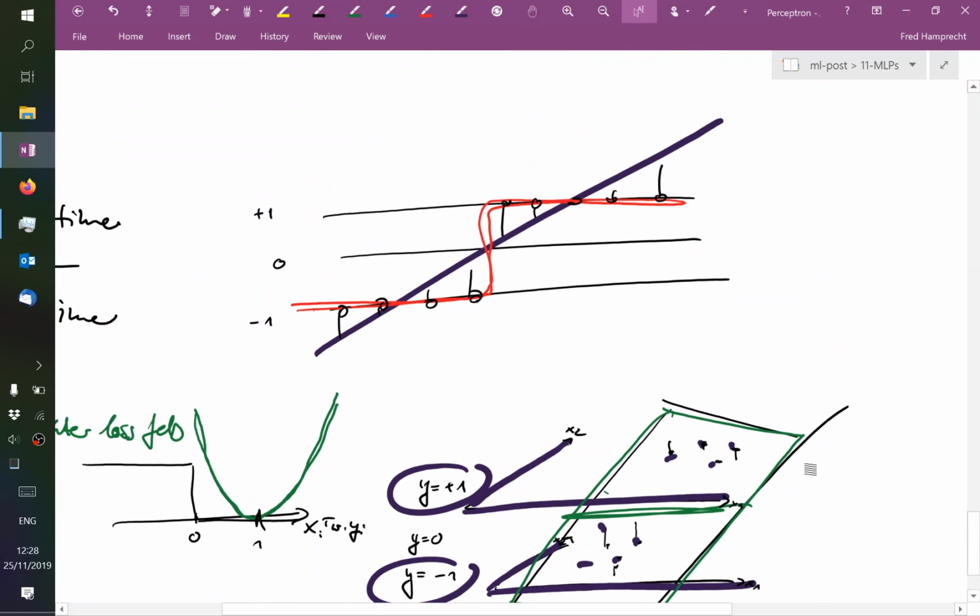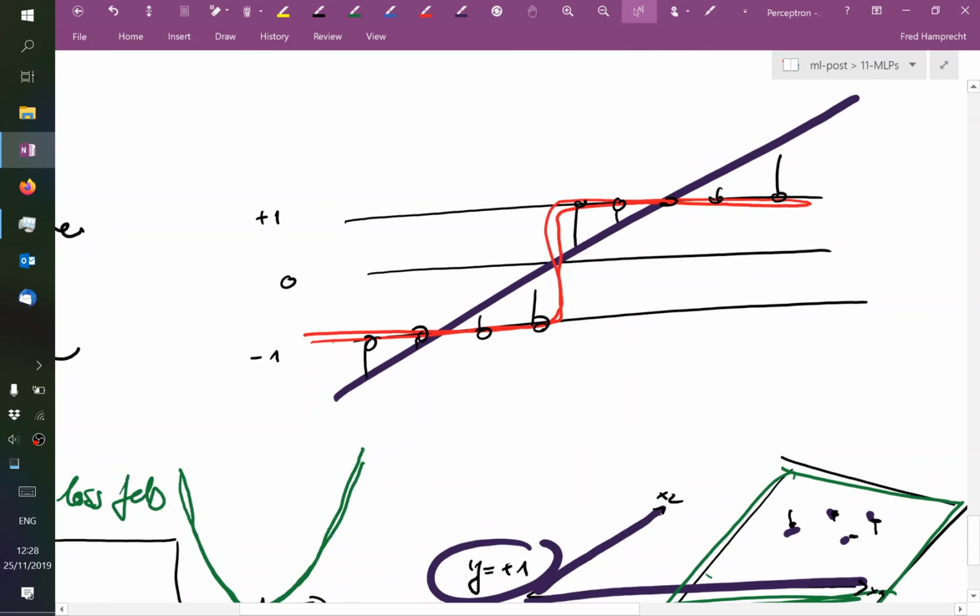Because, and that was the sketch up here, even if I have a one-dimensional problem, and even if my data set is perfectly linearly separable, then my quadratic loss will still give me these loss contributions here, which we can imagine as springs because it's a harmonic potential. So I still get these springs.